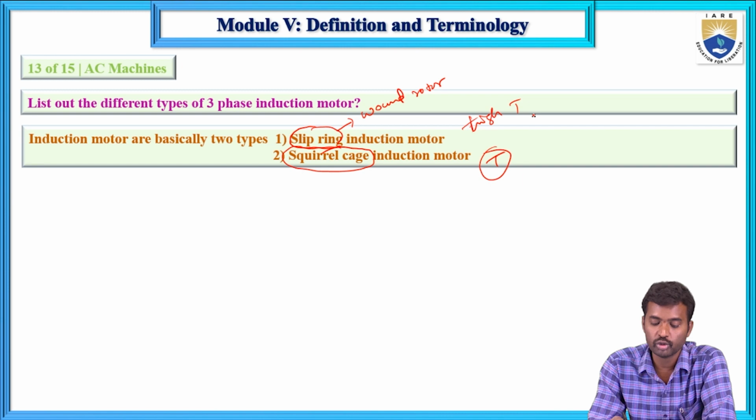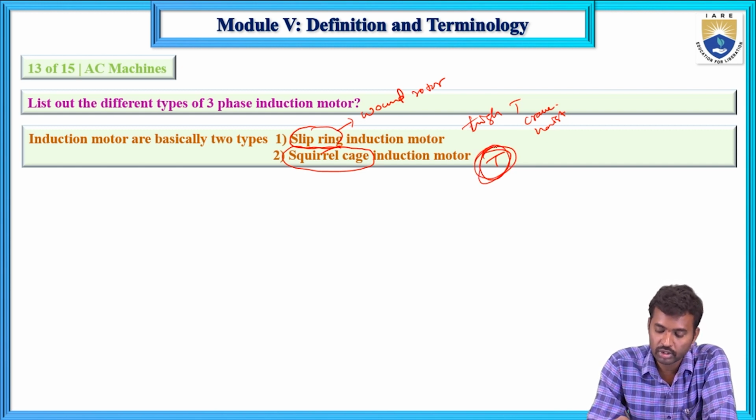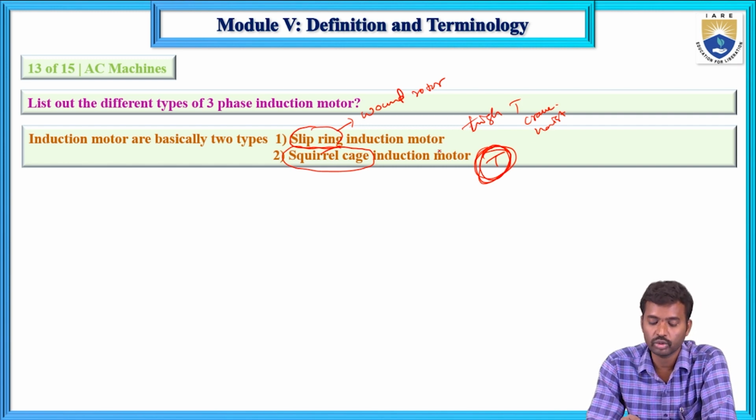The best examples for slip ring induction motors are cranes, hoists, elevators, and printing machines. For the squirrel cage induction motor, applications are normal induction motors, agricultural pumps, and lathe machines.